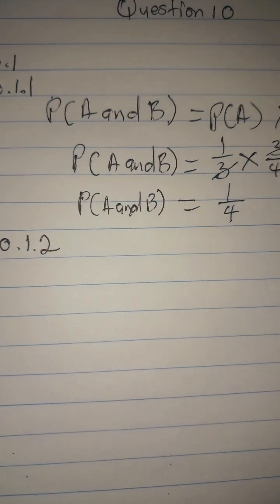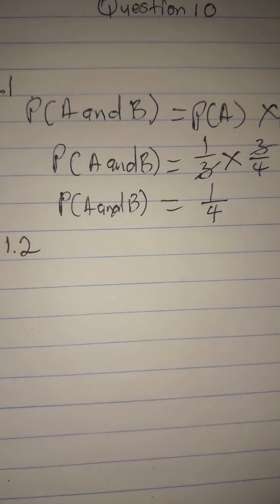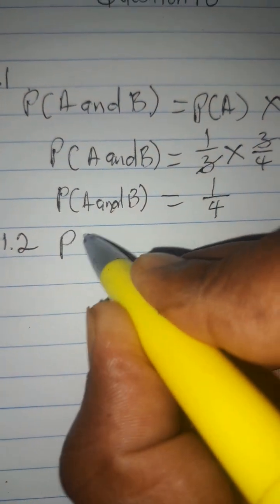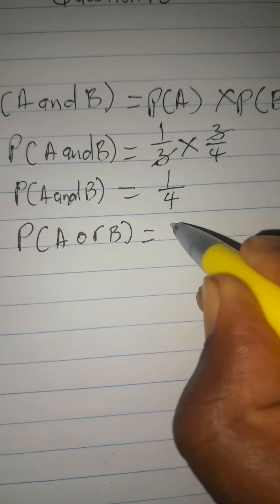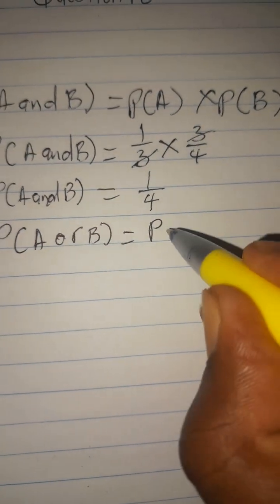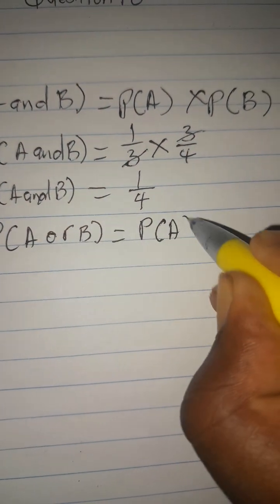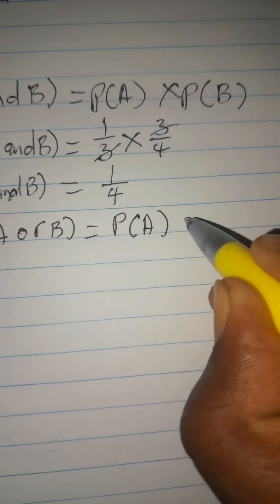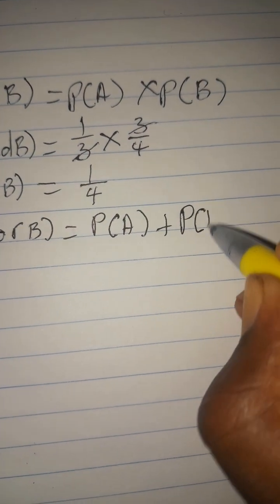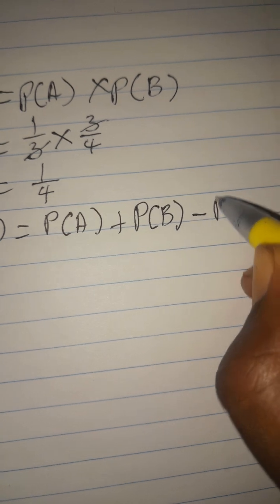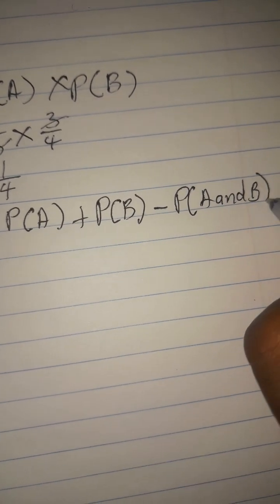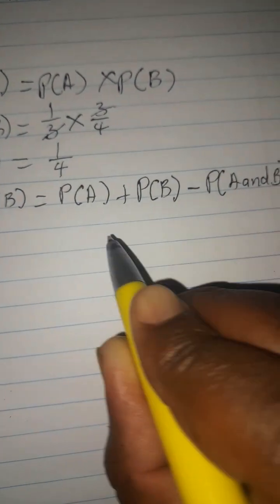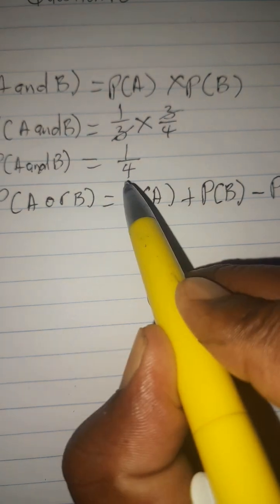Remember, they said calculate the probability that at least one event occurs. So it's either the probability of A or the probability of B. That will be the summation, actually, which is the addition rule. So it's going to be the probability of A plus the probability of B, subtracted by the probability of A and B. Remember, we use this formula when there's an intersection, they intersected 1/4.